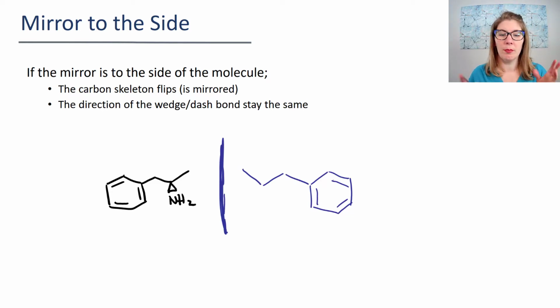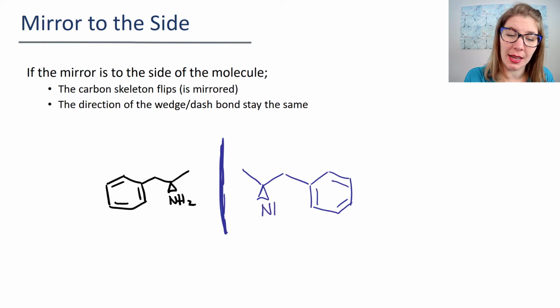Now, because I've mimicked this, the direction of the dashed and wedge bonds actually stays the same. So my mirror to the right or to the left is going to keep the directionality of the wedge and dash bonds the same.